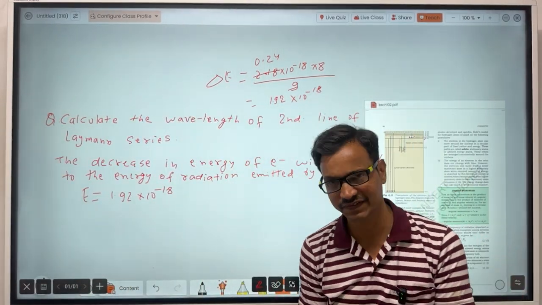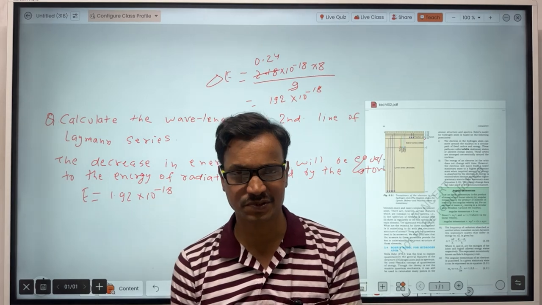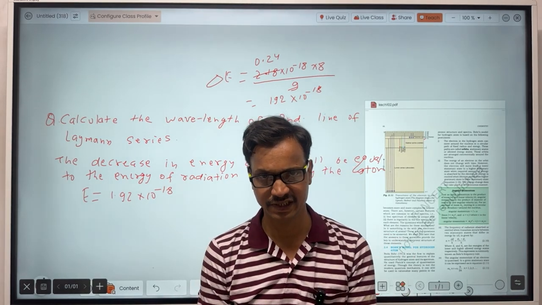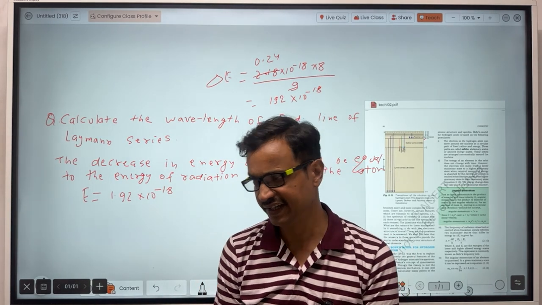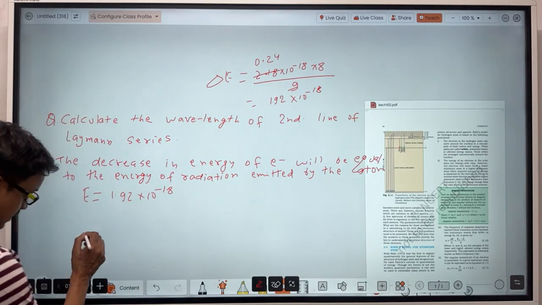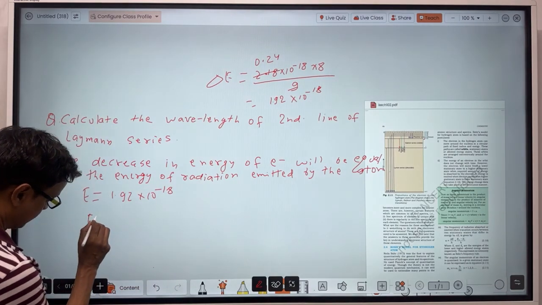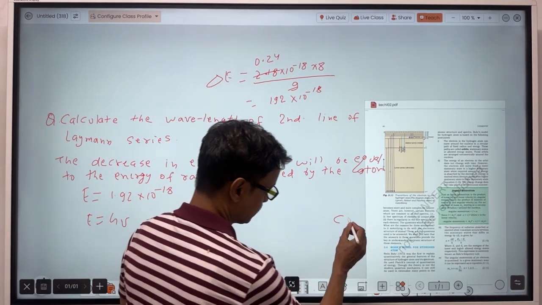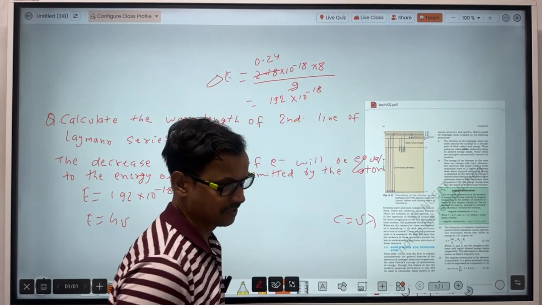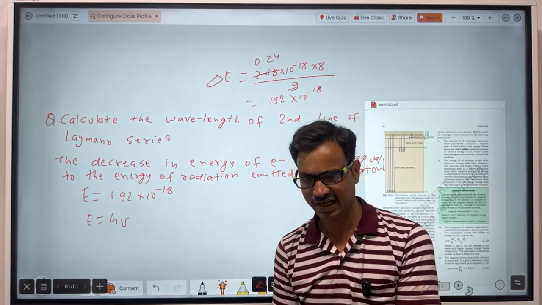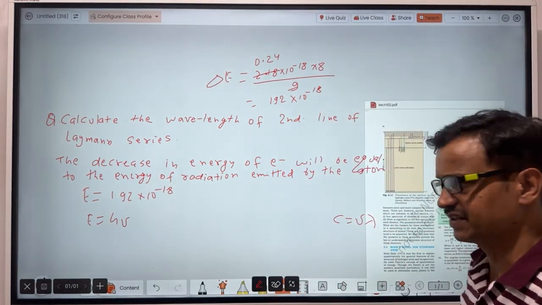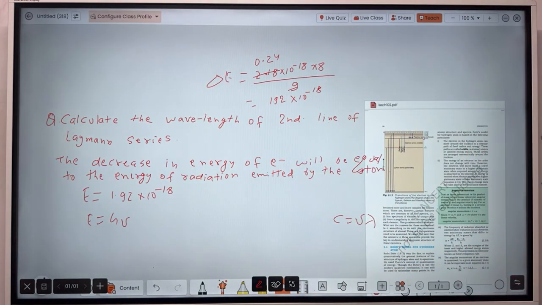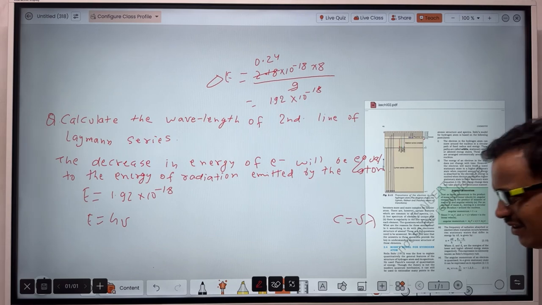Okay, and for any wave, you know E equal to h nu, and C equal to nu lambda. Here nu is the frequency of radiation, lambda is the wavelength of radiation. These two formulas are well known. Maybe you have studied them in 9th class also.